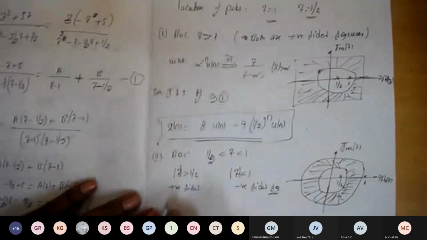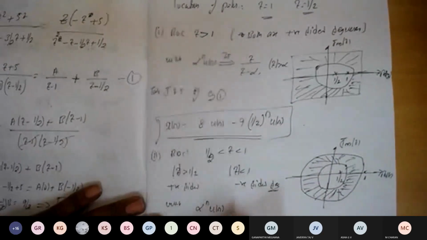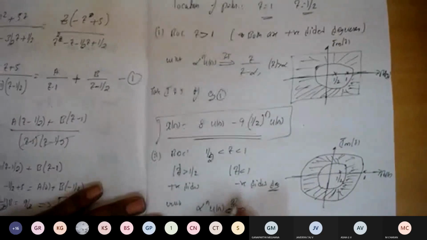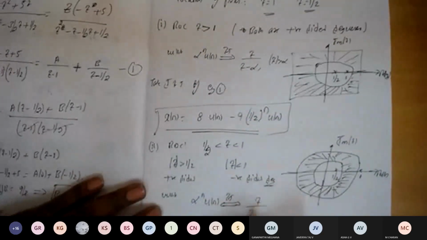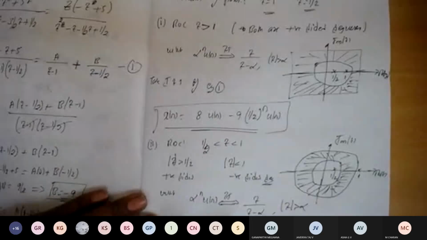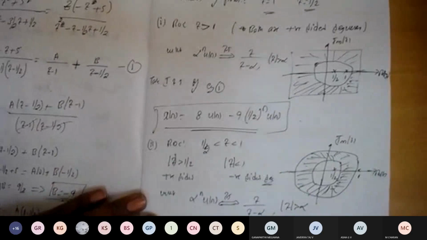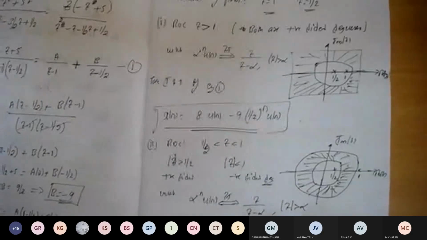We know that for the positive sided sequence, alpha to the power of n into u of n, the corresponding Z transform is z divided by z minus alpha with z greater than alpha. And minus beta to the power of n into u of minus n minus 1, the corresponding Z transform is z divided by z minus beta with z less than beta.